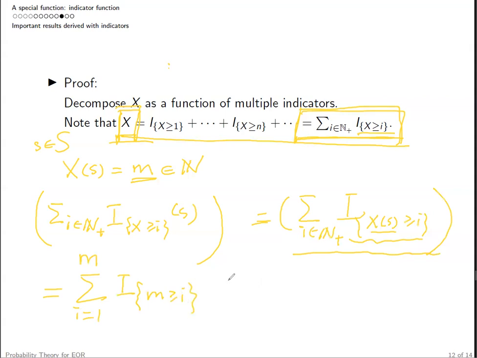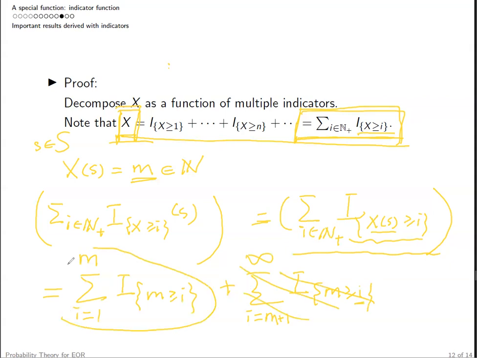And for any i strictly larger than m, those are going to be 0, so we can discard those.